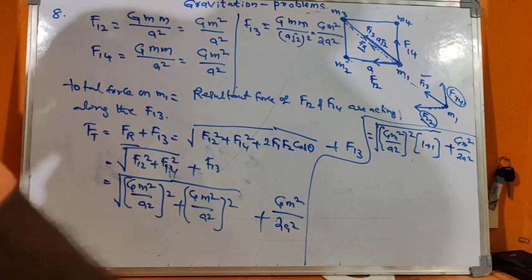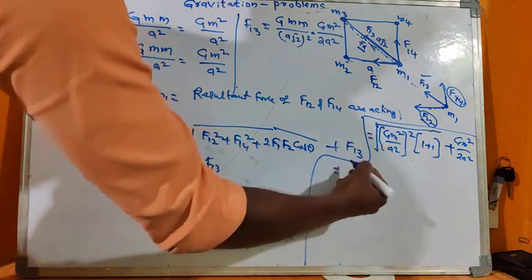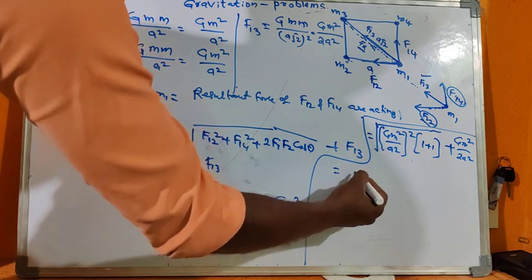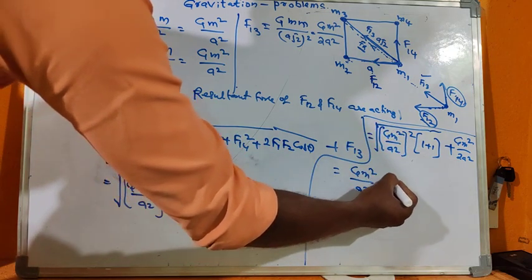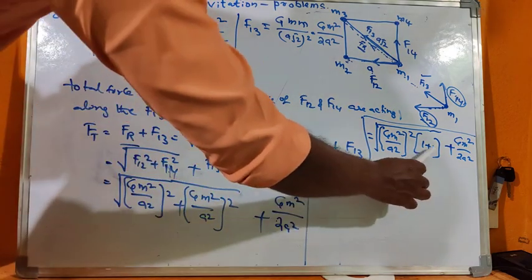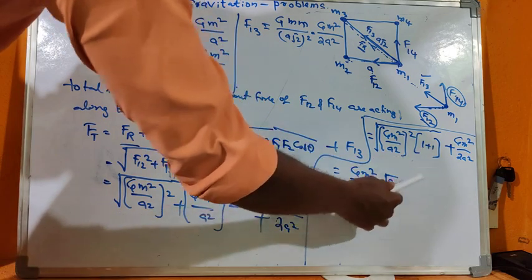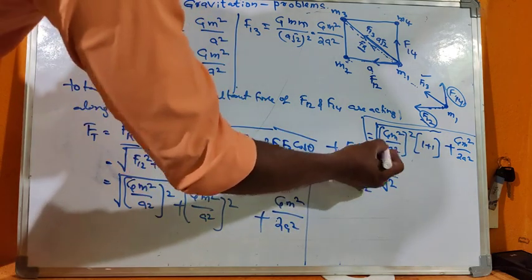Taking it outside the root, this is equal to G m square by a square times the square root of 1 plus 1, which is 2, that is root 2. The remaining term is plus G m square by 2 a square.